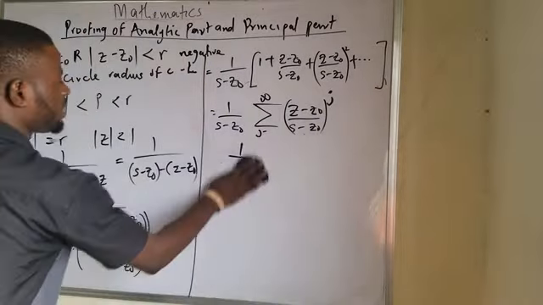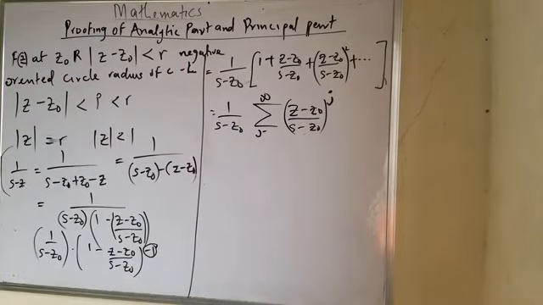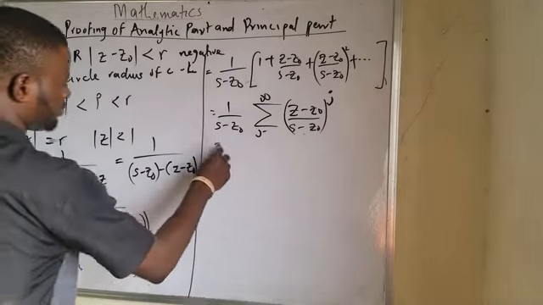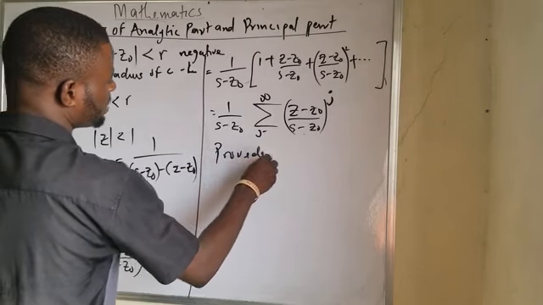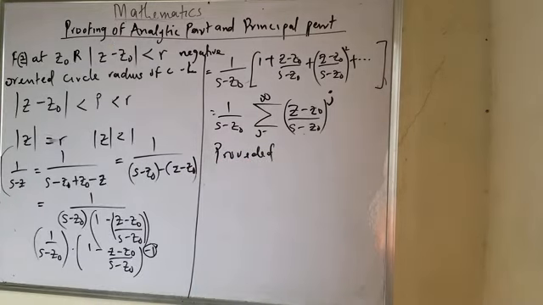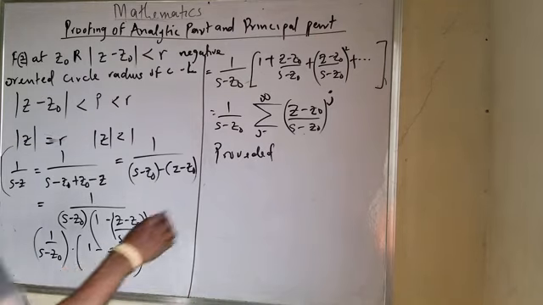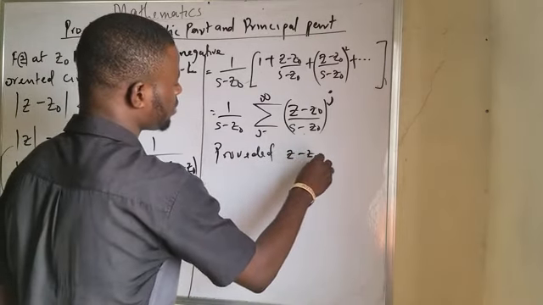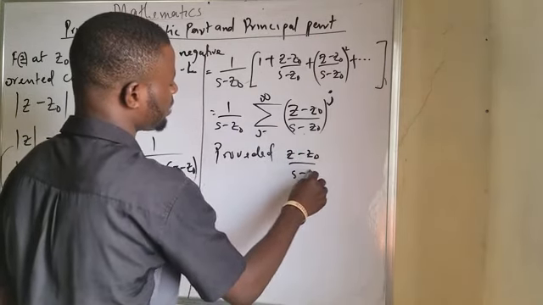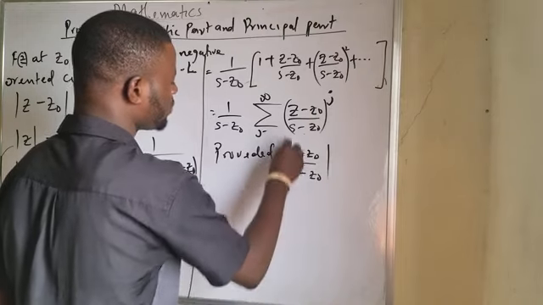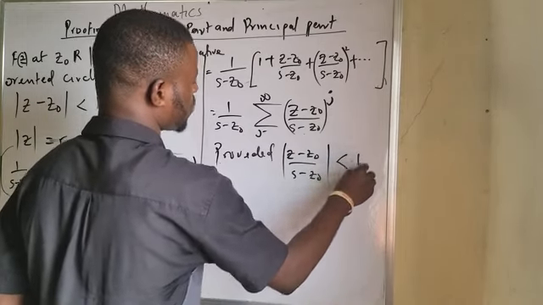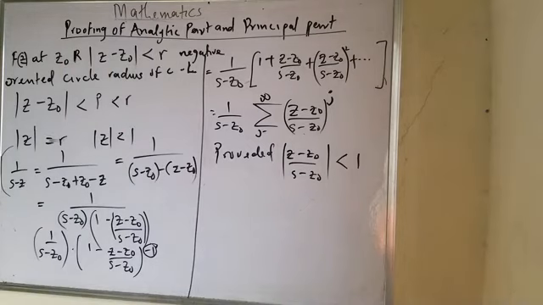Let me rub this part out, I'm not doing the right thing there. Now, bracket of j, provided, let me make the condition that the absolute value of z minus z naught all over x minus z naught is less than 1. Yes, provided that it is less than 1.